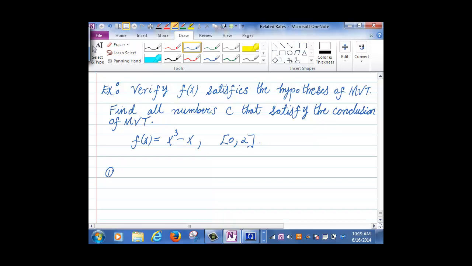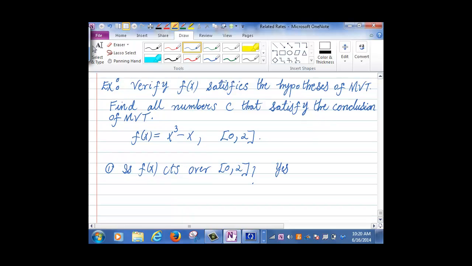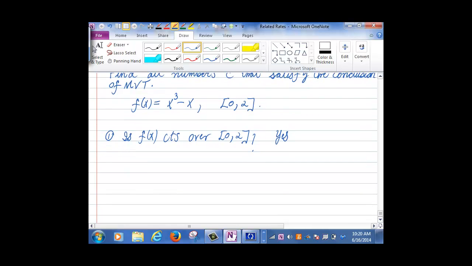Number one, is f of x continuous over this interval from 0 to 2? The answer is, it's a polynomial function, so we know that it's continuous there, right?